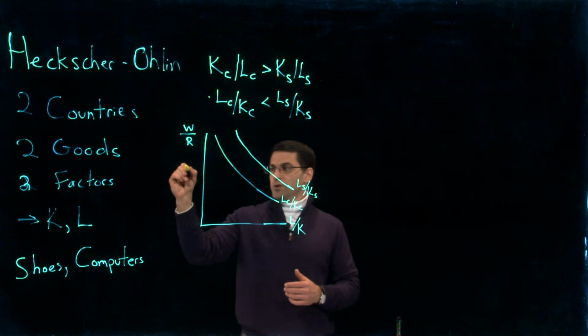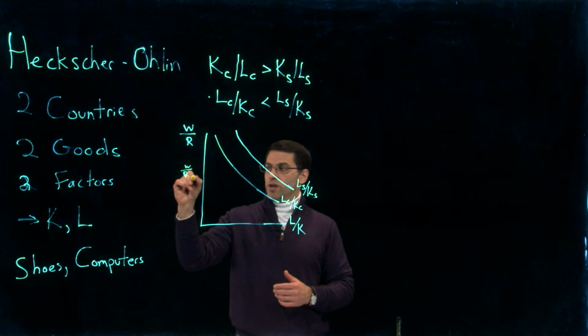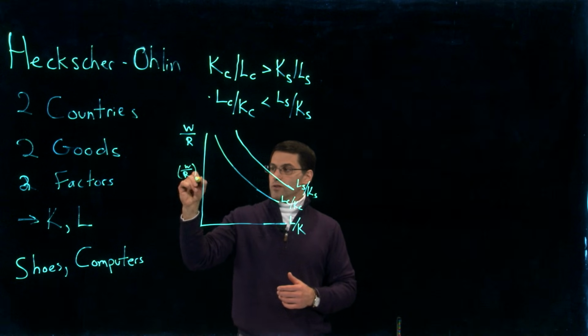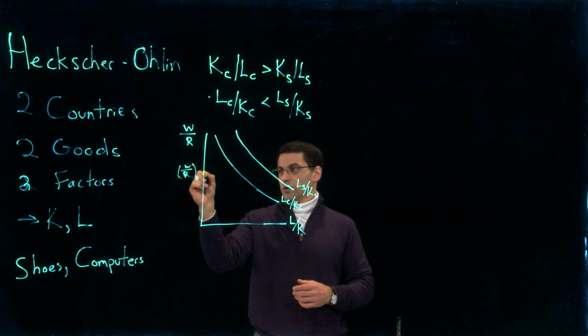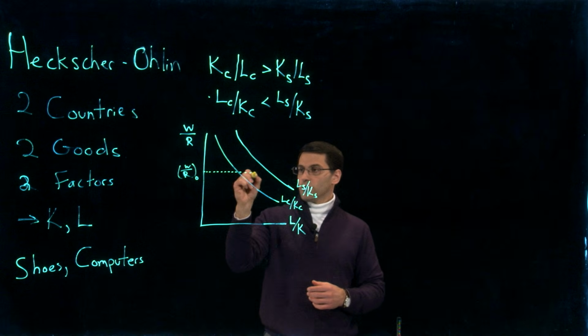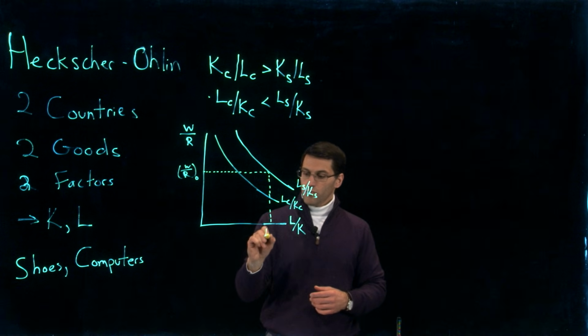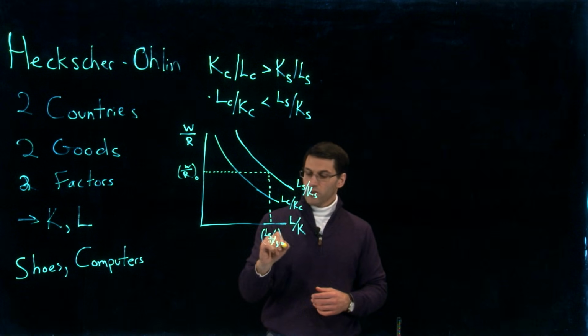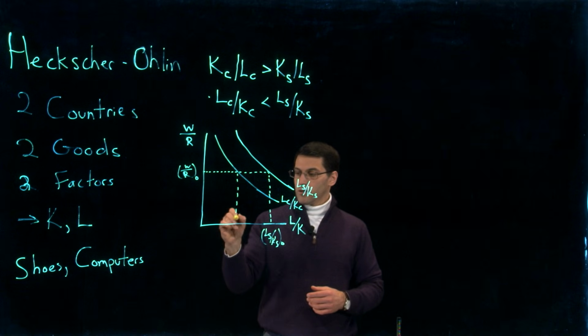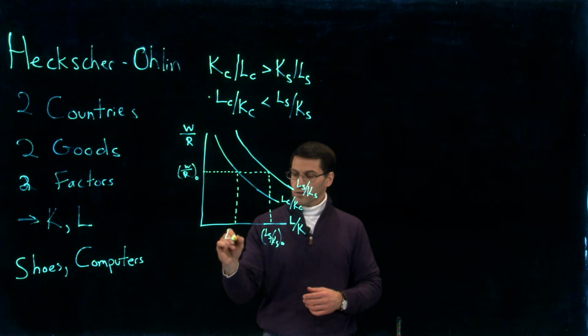And you can see that if you take any wage to rental rate, say like W over R0, it's very clear to see that the ratio of labor to capital employed in the shoe sector is higher than it is in the computer sector.